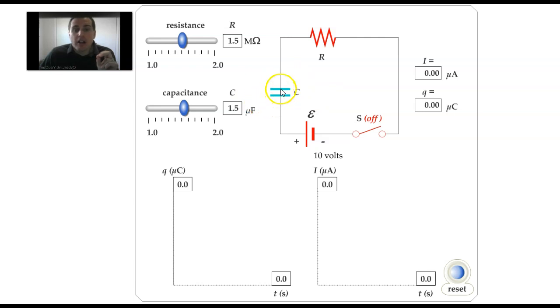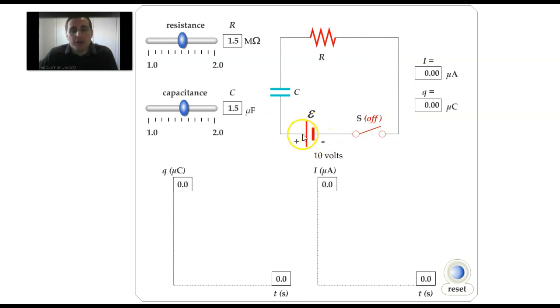When these are conducting plates that are empty of charge, there's an enormous rate of charge that flows from the positive plate to the negative plate. Now the positive plate will become the plate that faces the positive terminal of the battery, and the negative plate will be the plate that faces or is connected to the negative terminal of the battery.